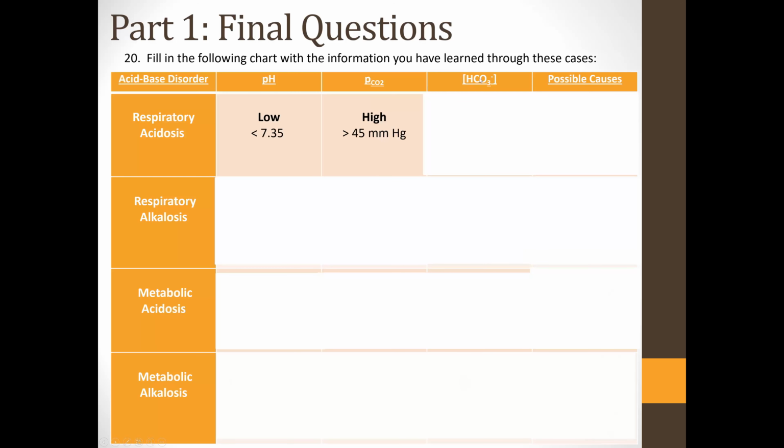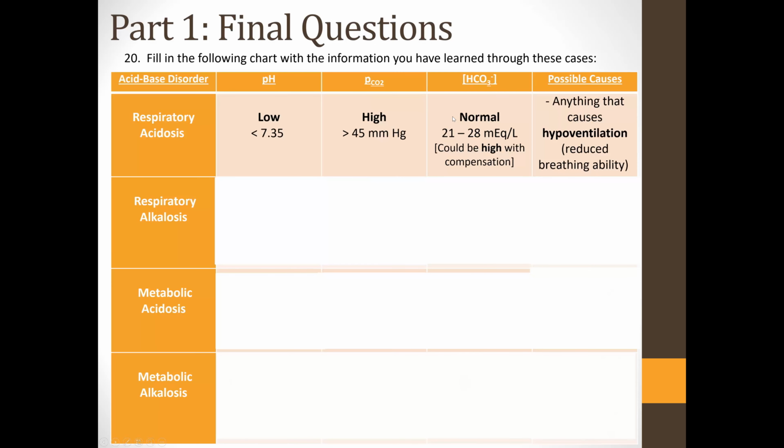The bicarbonate levels in respiratory acidosis could be normal, between 21 and 28 milliequivalents per liter, but you may also see them be high with compensation. Once renal compensation kicks in, you could have higher than normal bicarbonate levels. The possible causes for respiratory acidosis is anything that can cause hypoventilation, which is a reduced breathing ability.